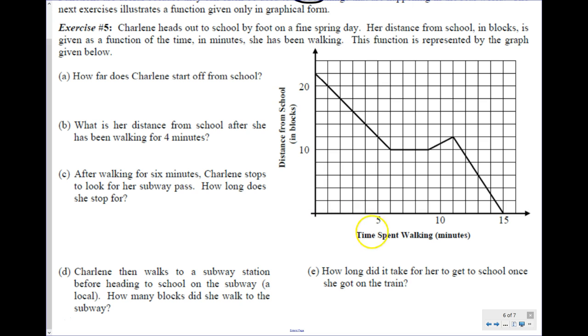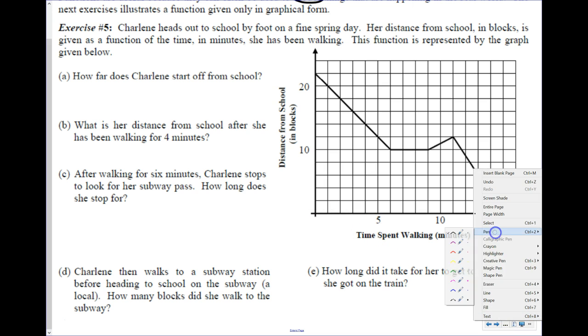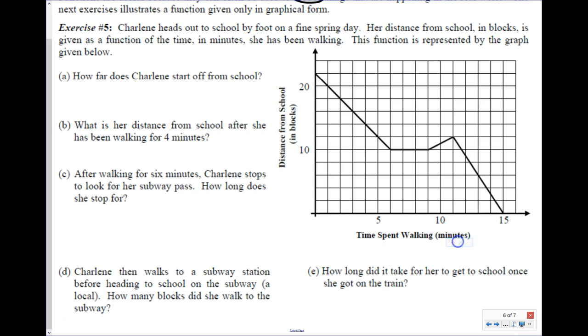On the bottom is time. And remember what I said about input and output. This x-axis right here is always your input. This y-axis is always your output. So Charlene is putting in time and she's getting out distance, right? You're walking, you're getting out distance.